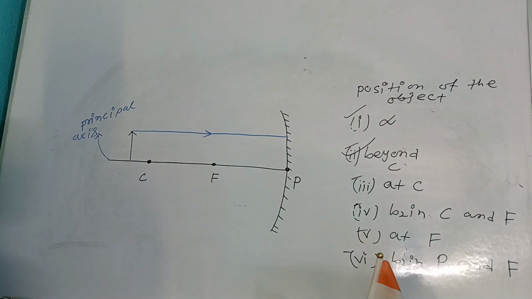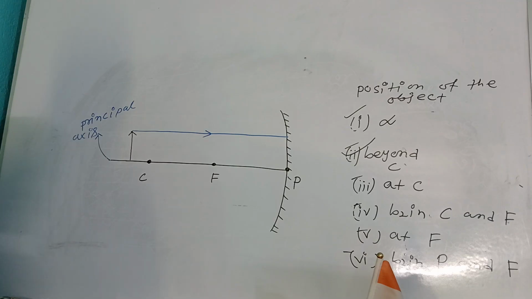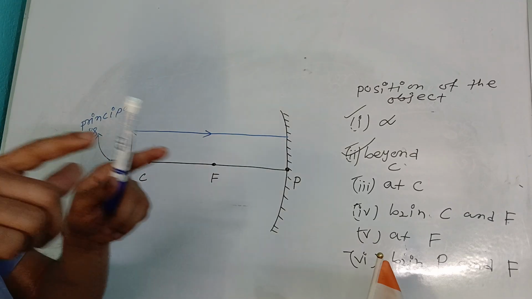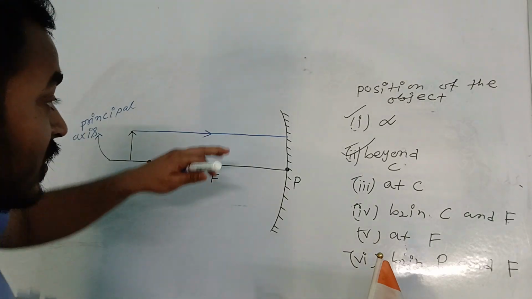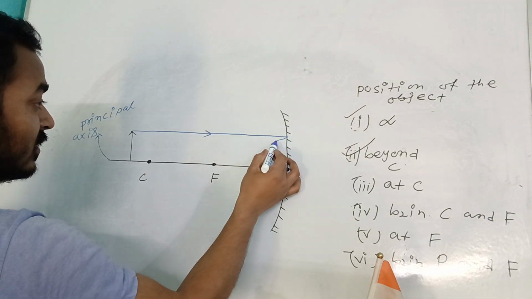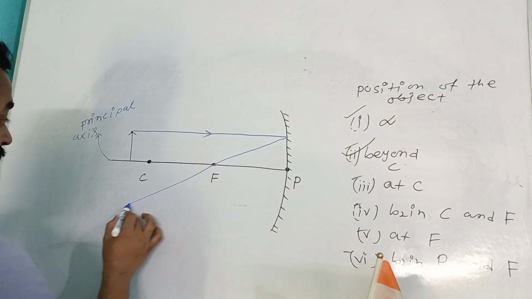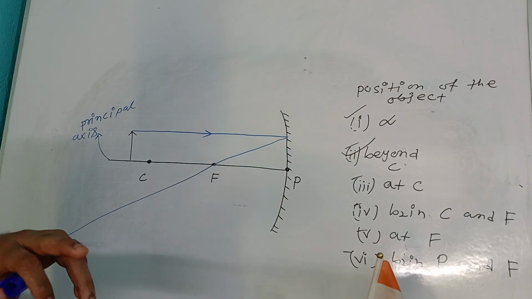This is the principal axis, and I am taking one ray parallel to it. When the incident ray is parallel to the principal axis, after the reflection it will pass through the focus. Done. Method number 1, or rule 1.